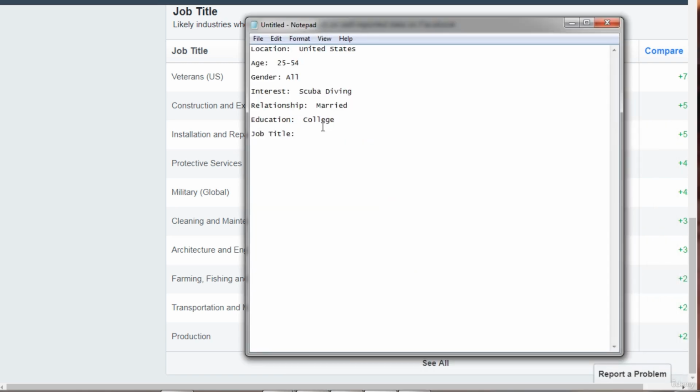So we're going to type in production, veterans, installation, repairs, etc. And the job title is not necessarily something that we're worried about right now. Most of the time, you're just going to target the location, the age, the gender, and the interest. And you can get more specific by targeting married. So we could target these. And then based on that information, we'll know more later.